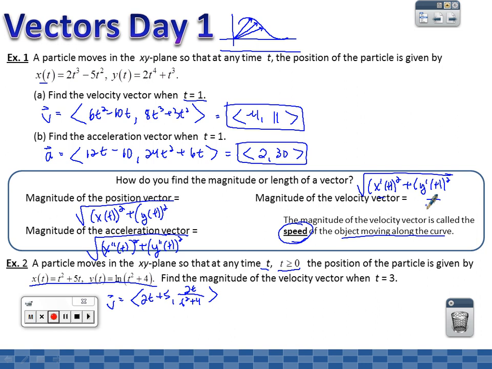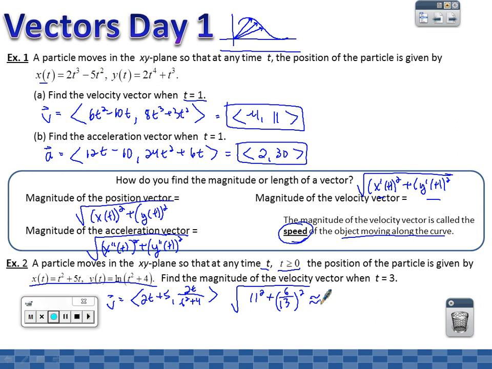So we would use our magnitude formula and substitute a 3 in there. If we put a 3 here, we would get 11 squared plus, and putting a 3 in here, 6 over 13 squared. That's kind of messy. We would probably have a calculator for that one, or they would just have us leave it like that.